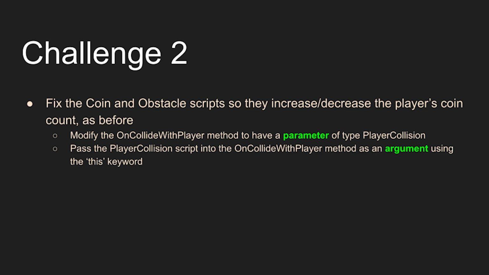So use that player collision reference in obstacle and in coin to make the same behavior happen as before, and pass in the this keyword in the on collide with player method. Okay, I will let you pause the video and get this code working again.